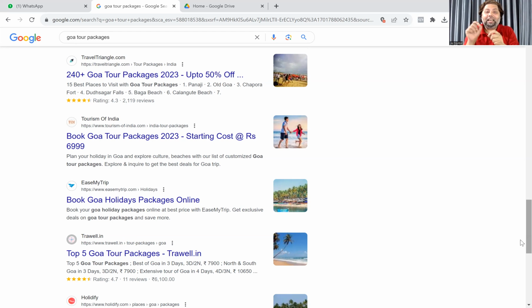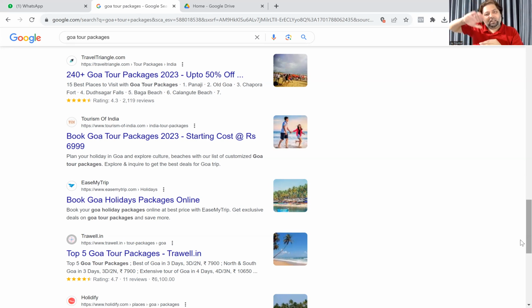I mean, CTR, click through ratio. Of course, that particular domain which has that Goa keyword. Only the Goa keyword is enough, whether it is goavacation.com or goaholidays.com, because the user finds relevancy there.